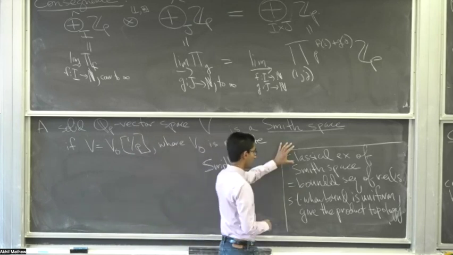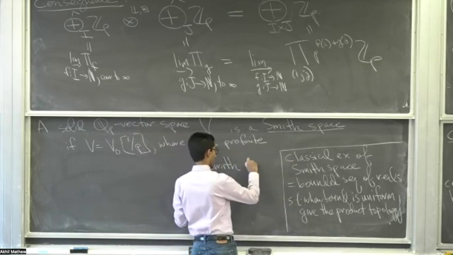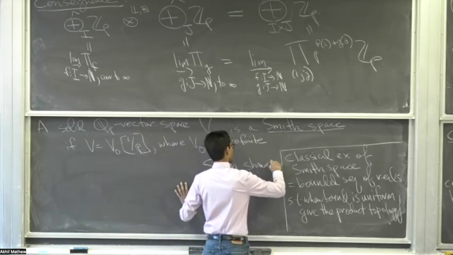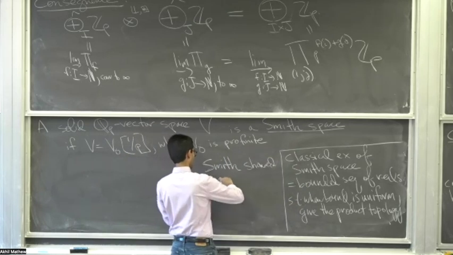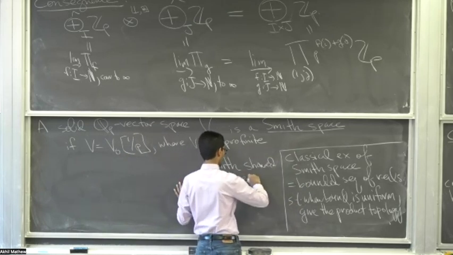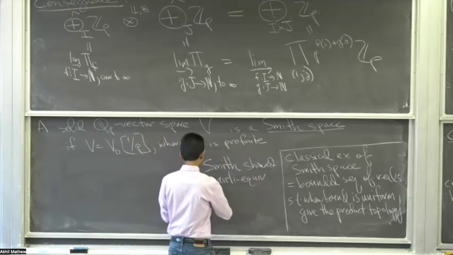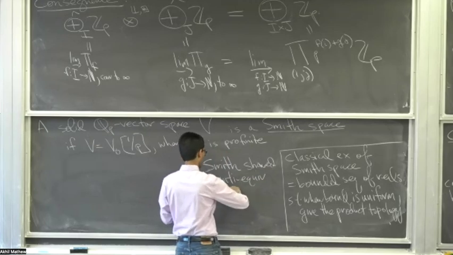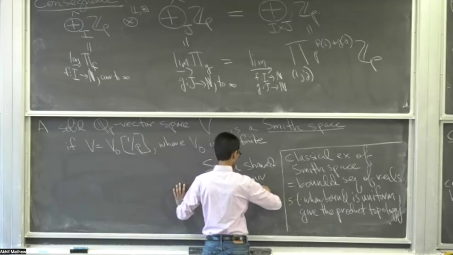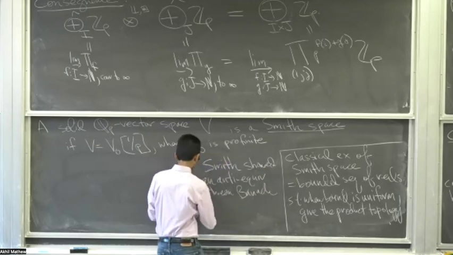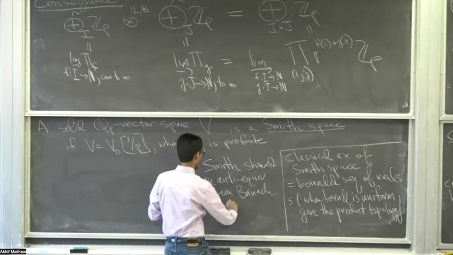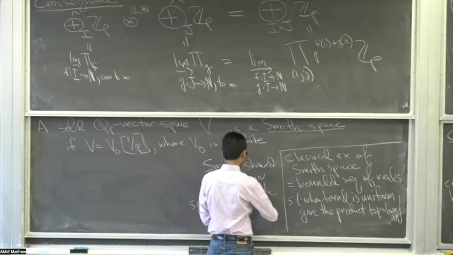So Smith showed that there's an anti-equivalence between Banach spaces and Smith spaces.